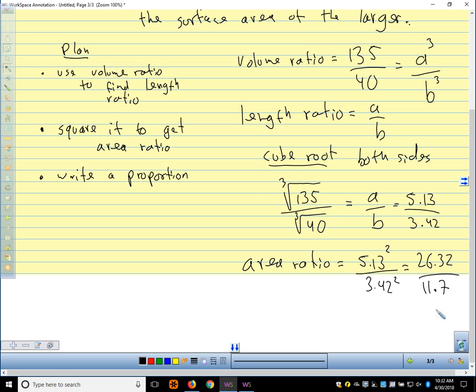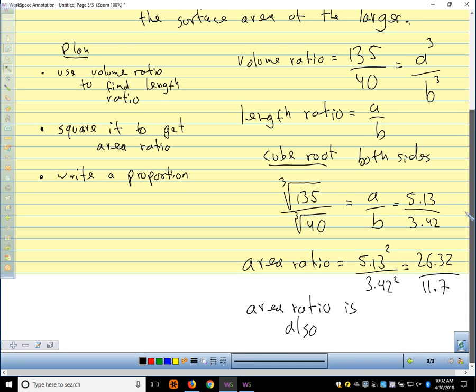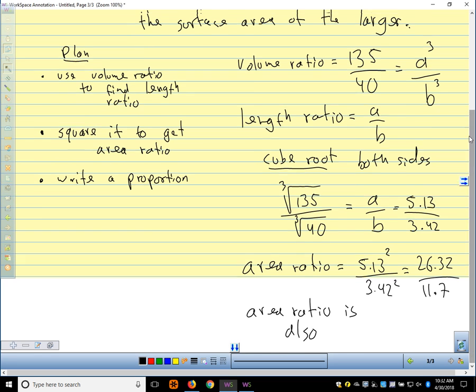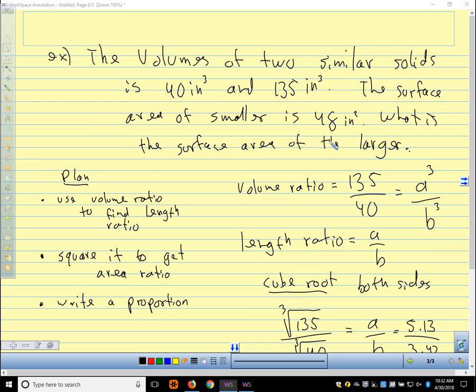Now we're going to write our proportion. The area ratio is also, they tell us the area of one is 48. What do we want to call the one that we don't know? X. So the area ratio is also, and I have larger to smaller, so I need x over 48.